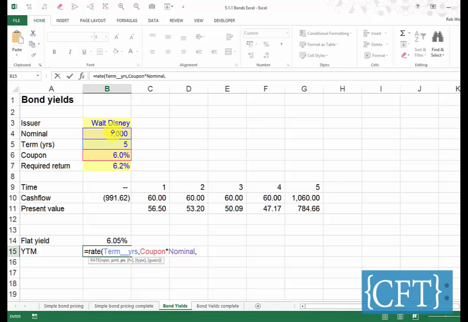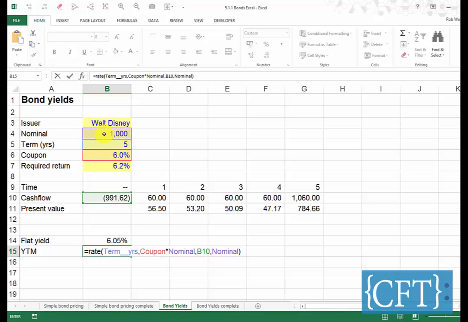The present value is the price of the bond, and we don't need to worry about signs here because the rate function and all of the present value functions within Excel actually require you to have the signs in the correct direction anyway. Because of the way we've set this up, that's already in there. The future value is how much you get back at the end. Well, that's the nominal value.